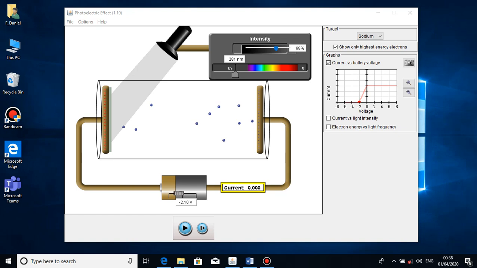It is the radiation with the least frequency that is capable of extracting electrons from the surface of the metal. Let me see here what happens. The ultraviolet can extract electrons from the surface, but if I decrease, then the number of electrons becomes less and less.